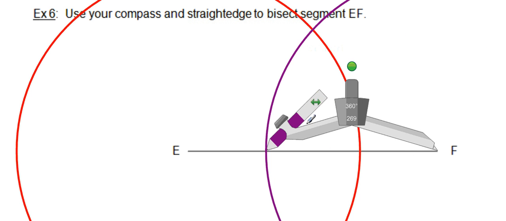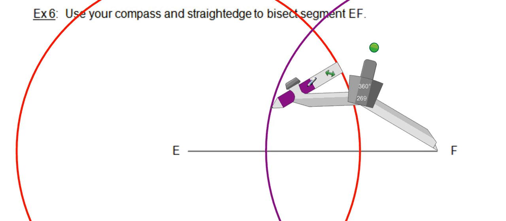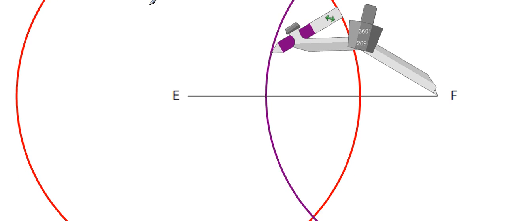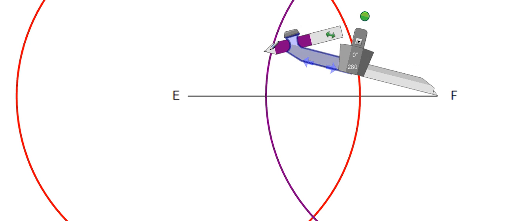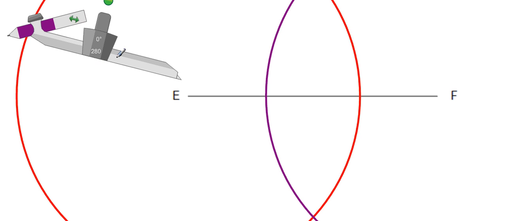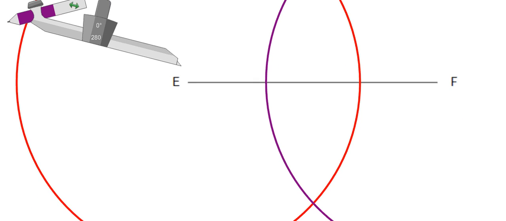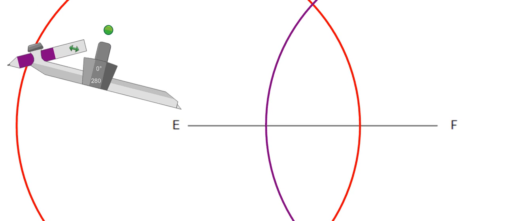And again, if you want, you can draw the whole circles, but what we're really looking for in this case is the point where those two arcs intersect each other. So I've got a point up here and a point down here. I'm going to use my straight edge to connect those 2 points.